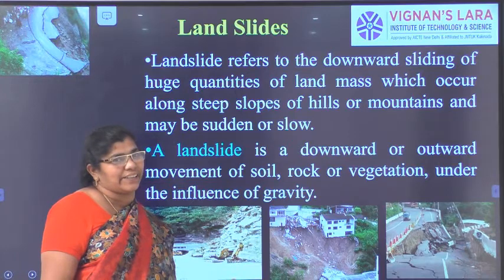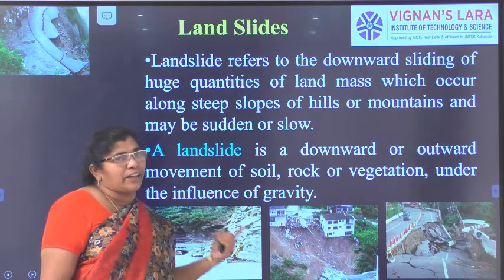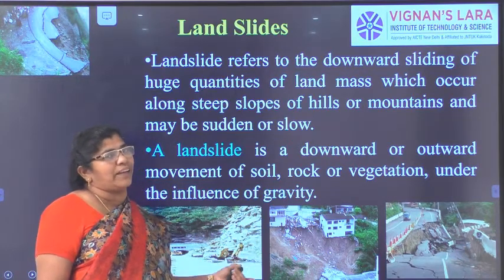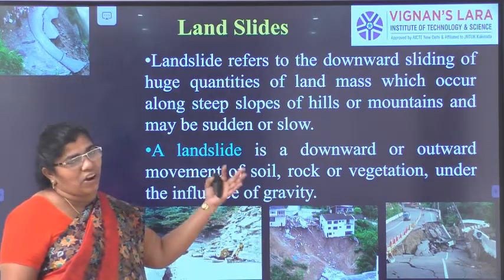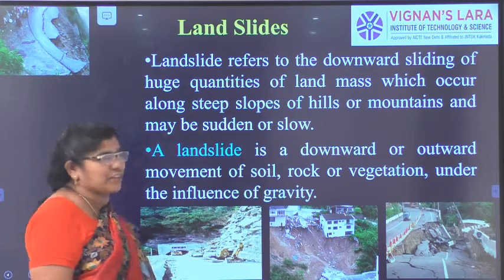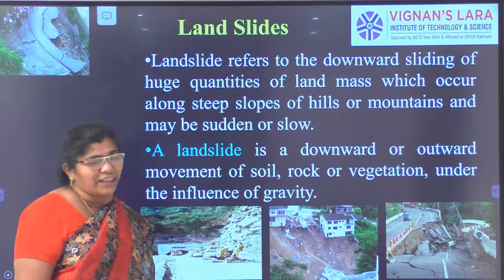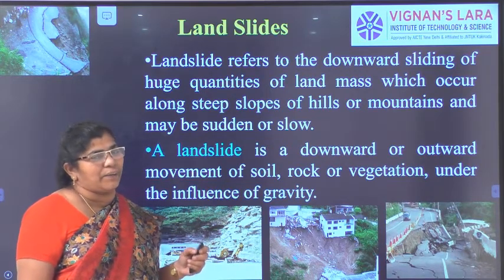Again and again I am asking you this: what is a landslide? A landslide is nothing but a downward or outward movement of rock or a land mass. It may be soil, rock or vegetation under the influence of gravity. This is the general definition.